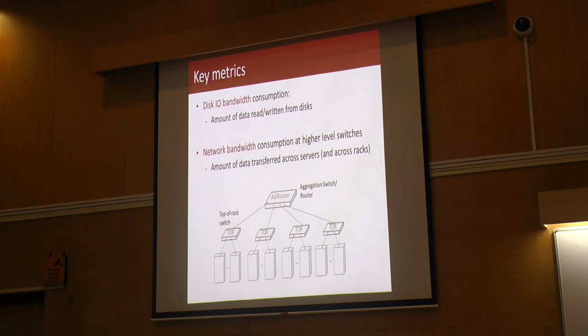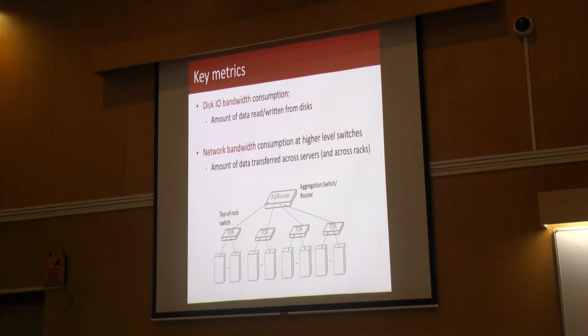So if all the servers communicate at the maximum possible speed, you should be able to handle 40 Gbps, but it won't be there. It will be only 10. So as you go higher and higher, there is this oversubscription. Here it is 4:1, right? So that's why we want to keep track of network bandwidth, placing more premium on higher level links.